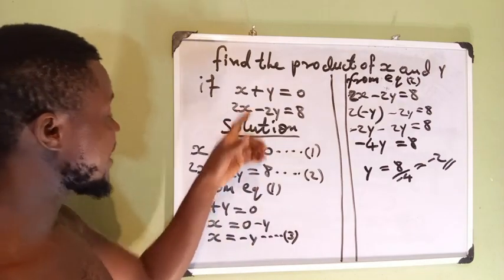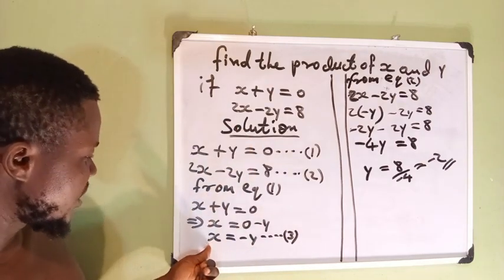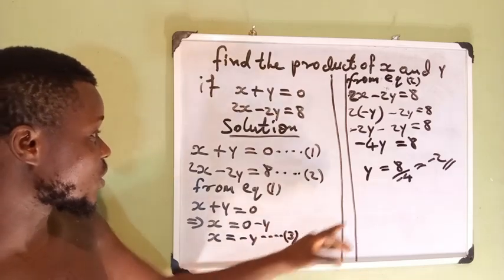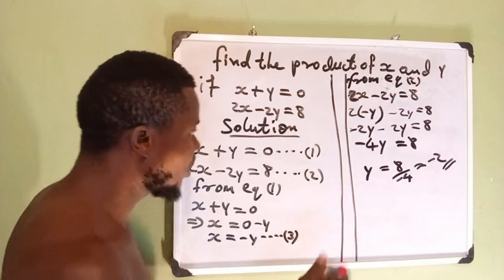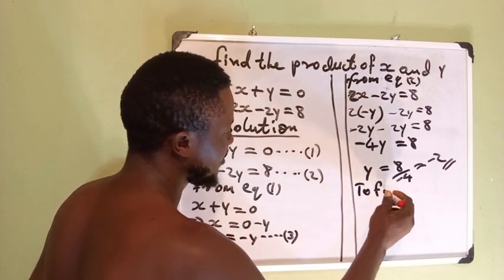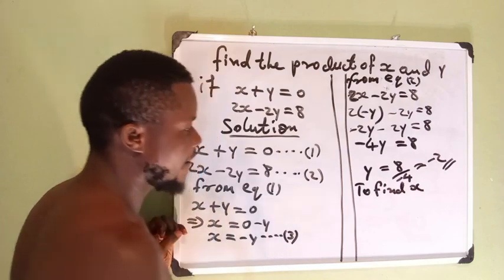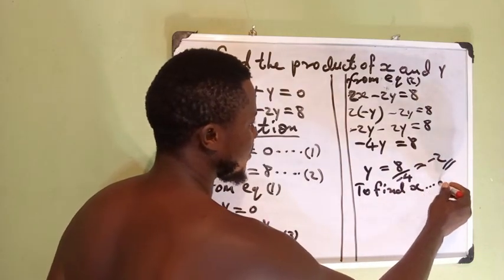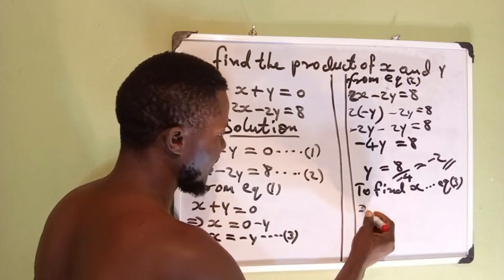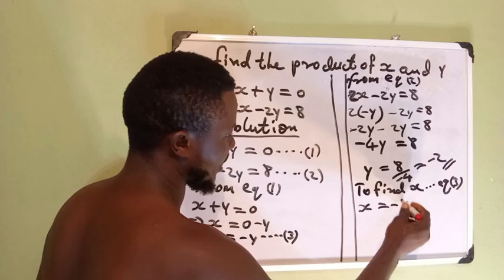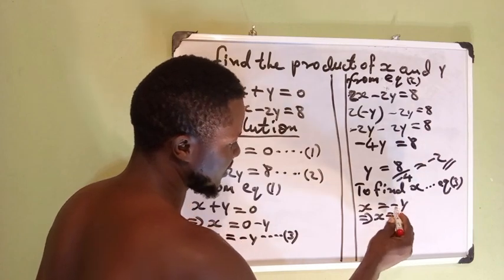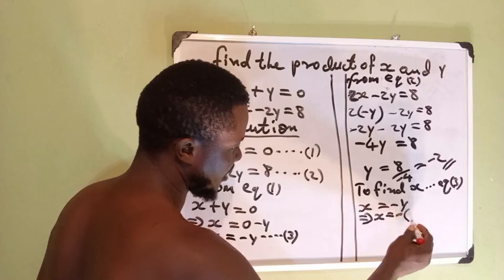Now for us to get our x, we come to this equation 3, which says that x is equals to -y. So wherever we see -y, we put what? -2. So to find x from equation 3, we say that x is equals to -y, which shows that x is equals to minus, I now bring down this minus, now put in brackets.